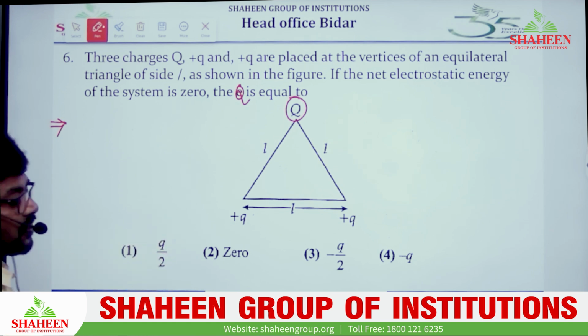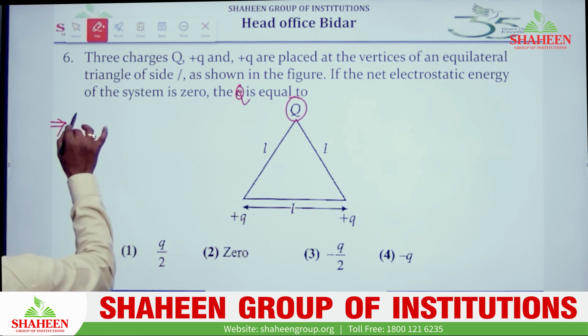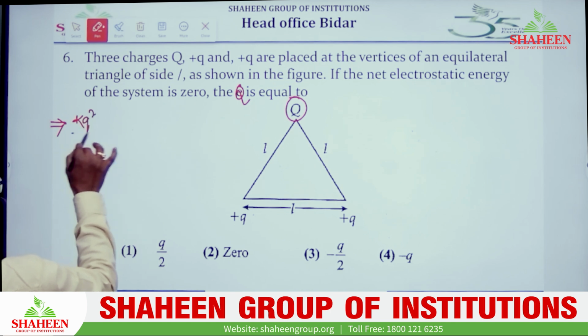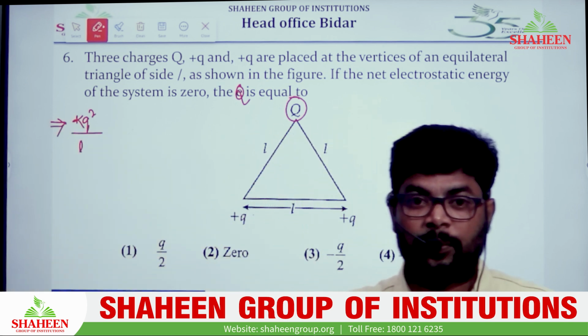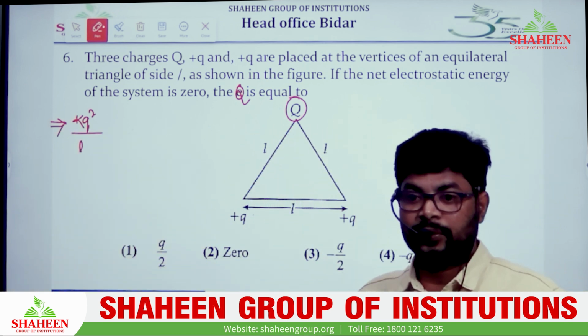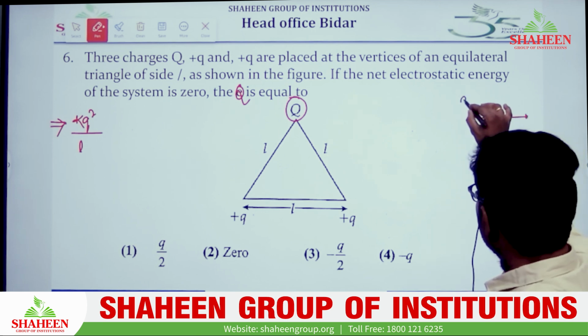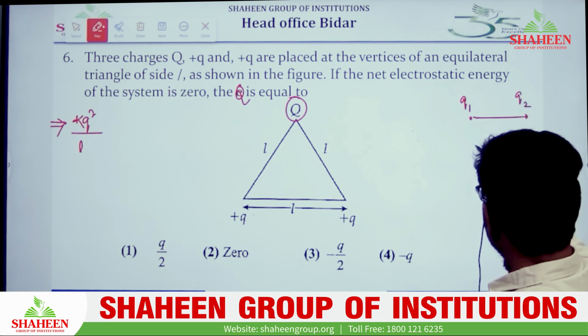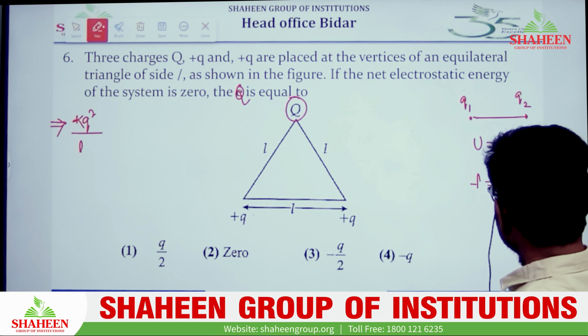Between two charges, what is the potential energy formula? For two charges Q1 and Q2, potential energy is K Q1 Q2 upon R. The force formula is K Q1 Q2 upon R square.